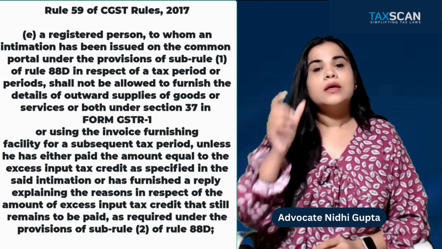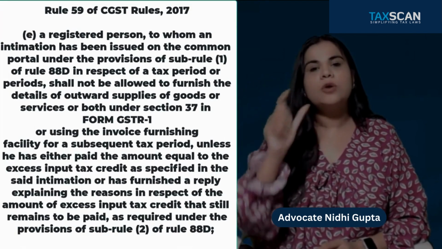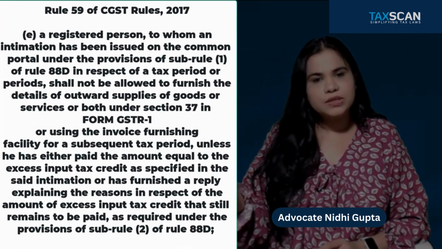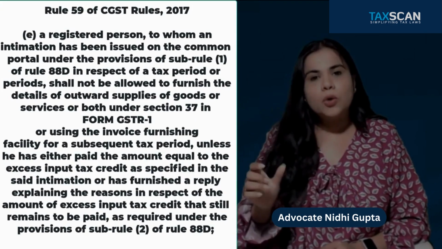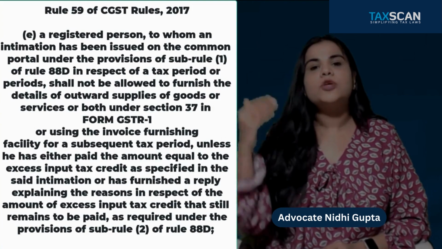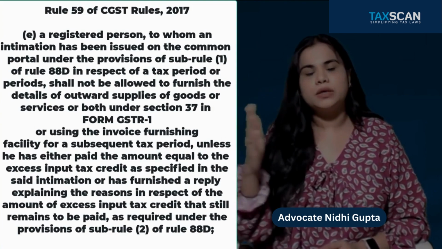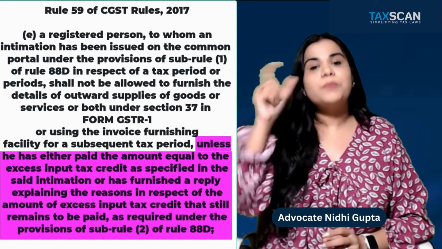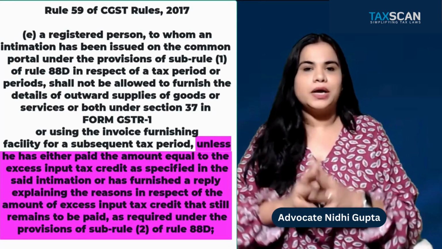Coming again, for any recipient who has received an intimation of GSTR 2B 3B difference, such a recipient would not be allowed to file his details of outward supplies in GSTR 1 for subsequent period unless he pays the differential amount or furnishes a reply.